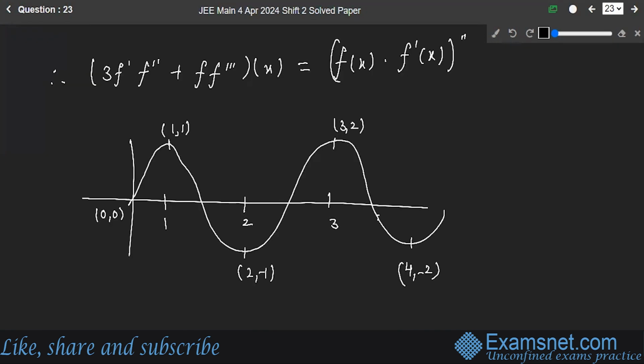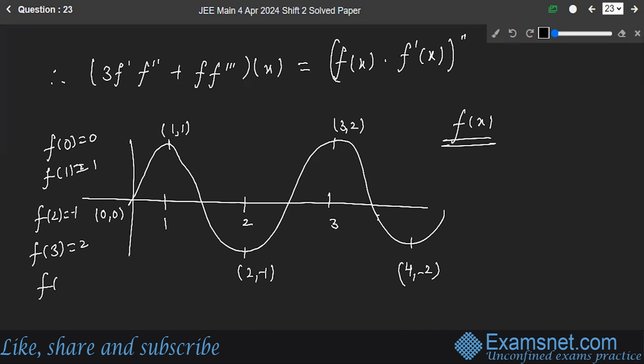So the graph for this function f x looks something like this. You have f of 0 is equal to 0, f of 1 is equal to 1, f of 2 is equal to -1, f of 3 is 2, f of 4 is -2. Actually, it should go something like this. Instead of this, the graph will go down because it is having the y value as -2.